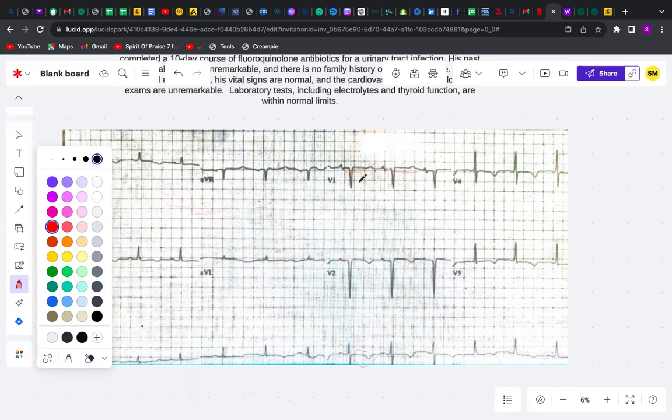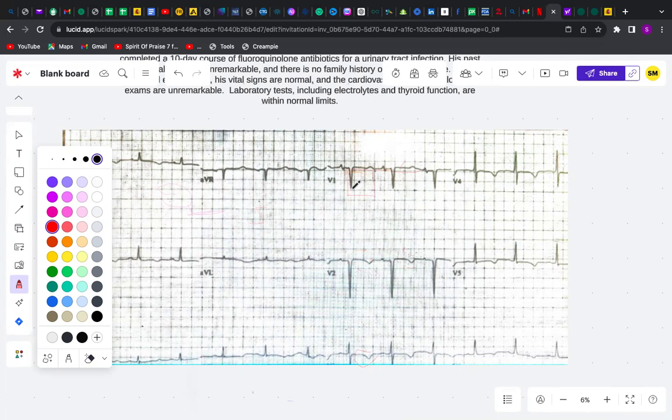So how do we go about a QT prolongation? You know the QT interval is from the beginning of the Q right to the end of the T, this interval here. We will talk about it in detail, but a quick way is to count the number of boxes.